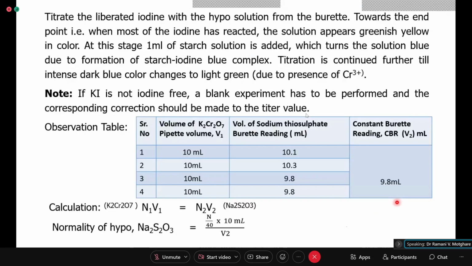Okay, so titrate the liberated iodine with hypo solution from the burette. Towards the end point, that is when most of the iodine has reacted, the solution appears greenish yellow in color.